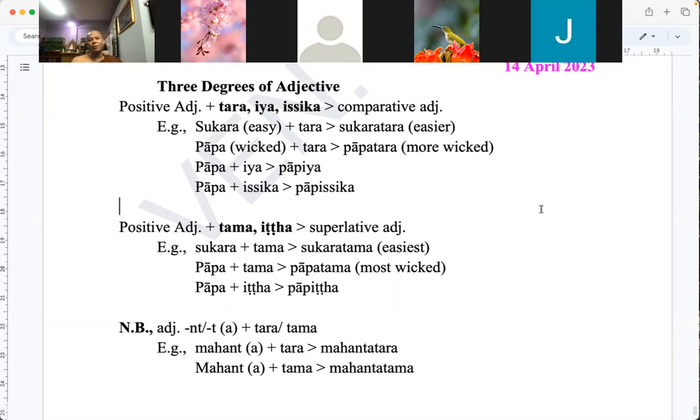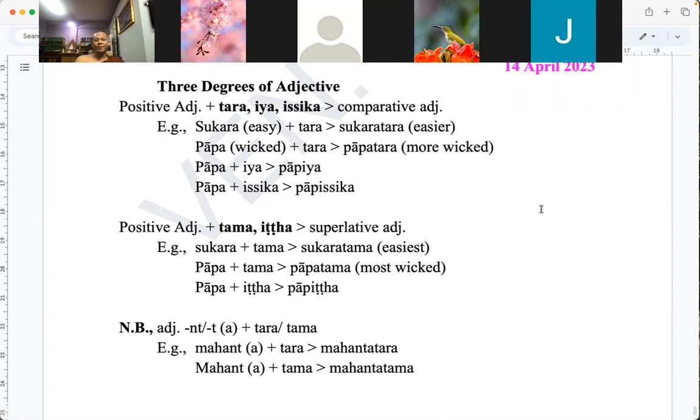All adjectives, whether original adjective, built-in adjective, past participle or present participle adjective, can form the comparative or superlative by adding these suffixes. Possessive adjectives are also included.